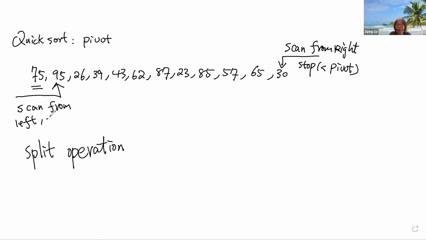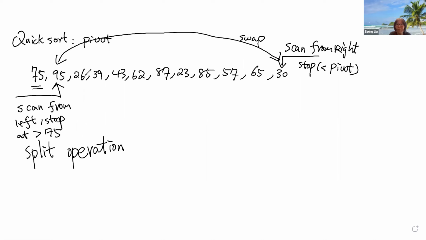And you stop at a number greater than the pivot. Okay, so 95 is greater, so you stop. Then we swap these two numbers, so here is 30, here is 95. Then you resume your right scan.